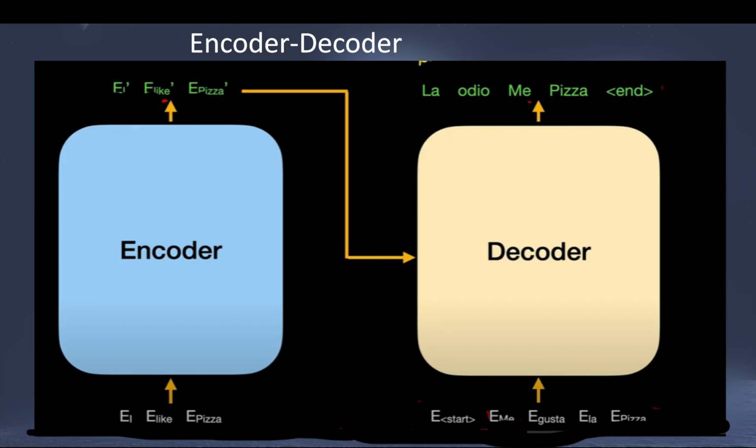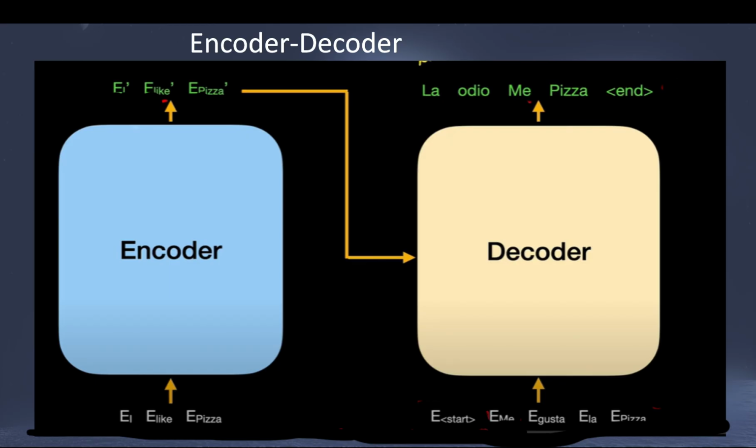If it is in the training phase, it will predict something, but it won't be using that prediction to predict the new word, and only the correct words will be sent into this decoder block during training.